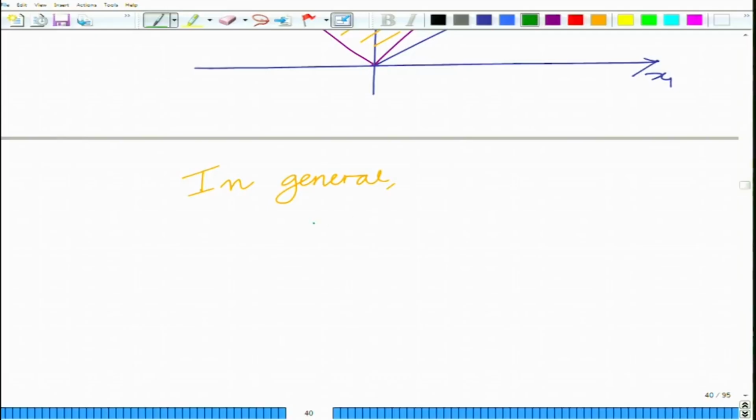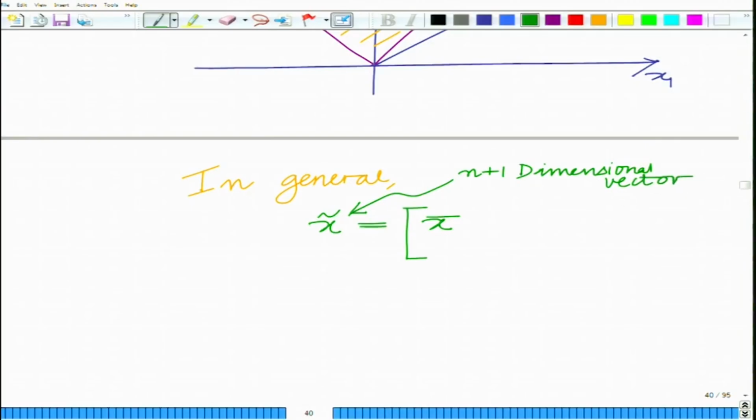To generalize this, we have x tilde, let us say an n plus 1 dimensional vector, of which we form the first n dimensional part.